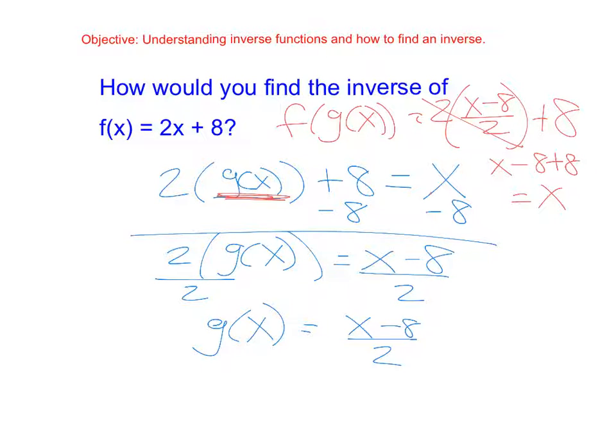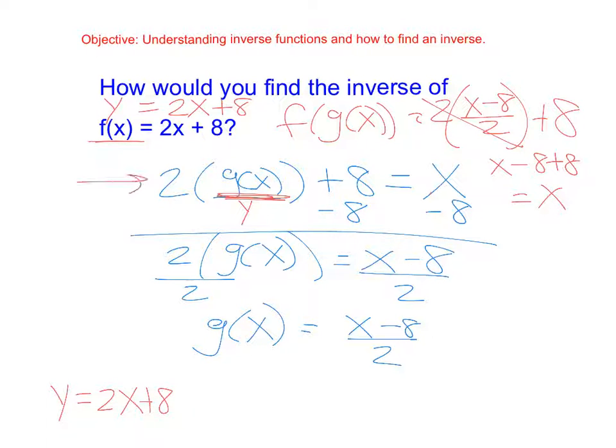Now, notice what we did here. What's another way of writing f of x? y. So this is really y equals 2x plus 8, and then 2y plus 8 equals x. Look at what we did. Our original was 2x plus 8.